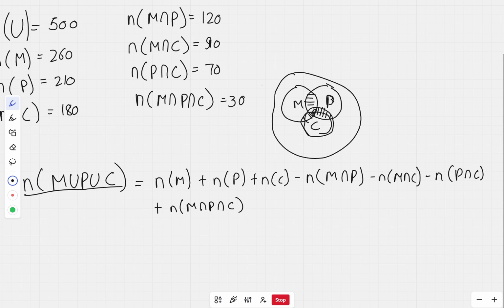It is the part common to all the sets, the area I have darkened, which is the number of elements present in all three.